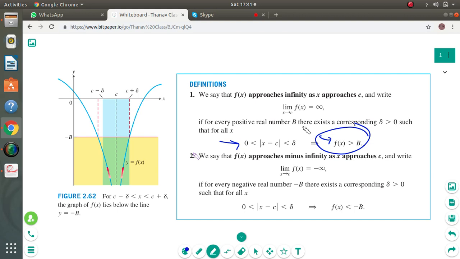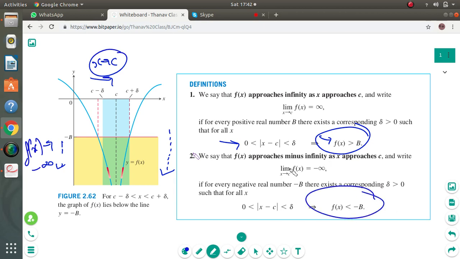Or we say that f(x) approaches minus infinity as x approaches c. See, in this graph, f(x) is approaching minus infinity below as x approaches c. So 0 less than modulus x minus c less than delta corresponds to f(x) less than minus b.